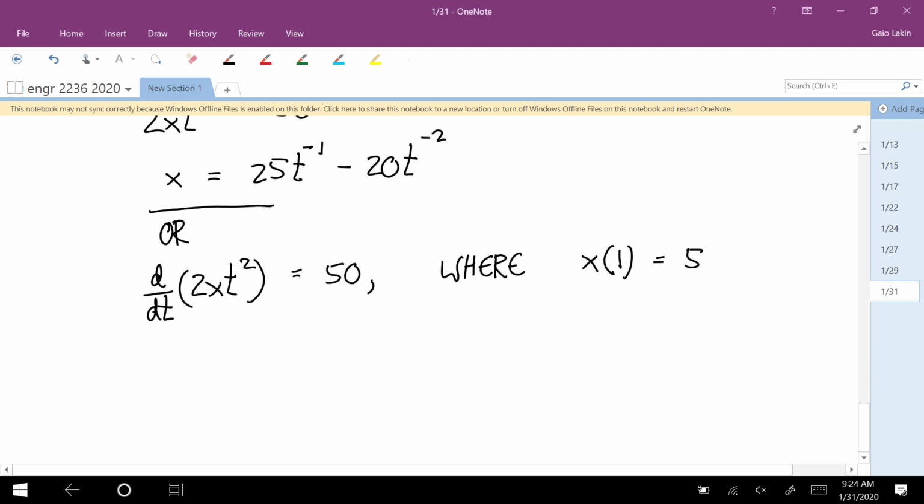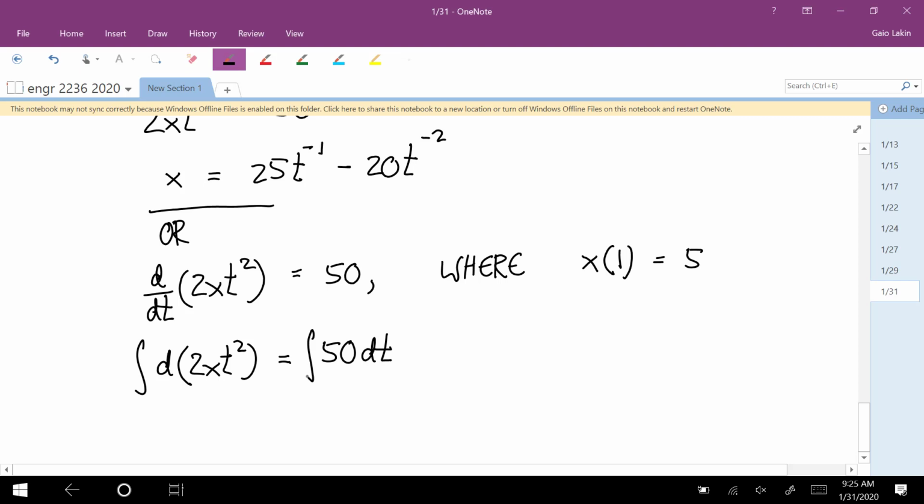Okay, so let's do separation of variables right now. The thing on the left is d(2xt squared), and the thing on the right is 50 dt. And now we can integrate both sides.